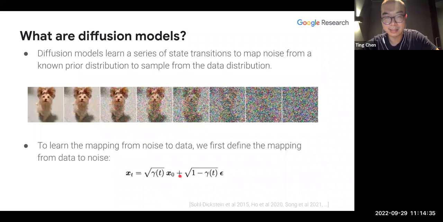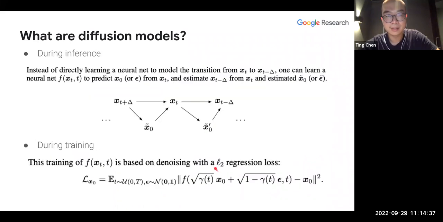So at every state you make an estimation of the data or the noise, and then you use them together to jump a little bit closer to the data state. Then you repeat this process, and you are able to eventually map from the noise to the data.